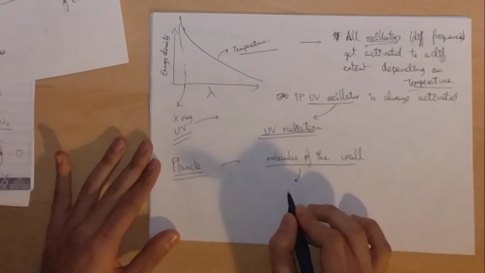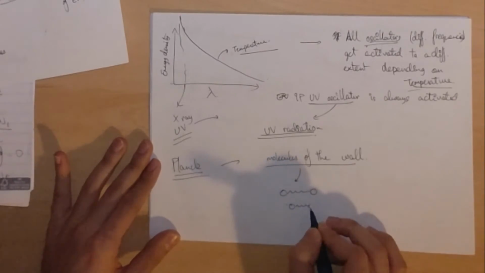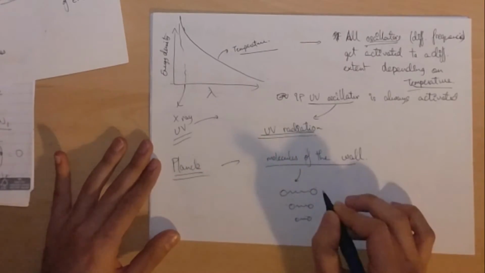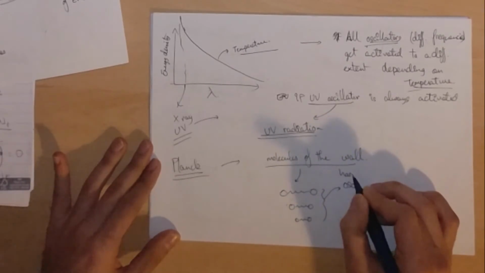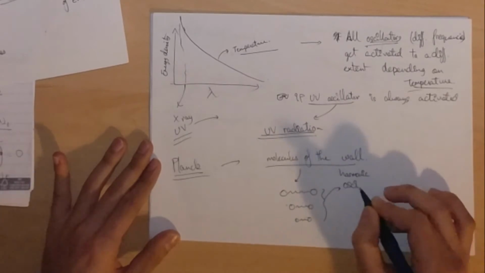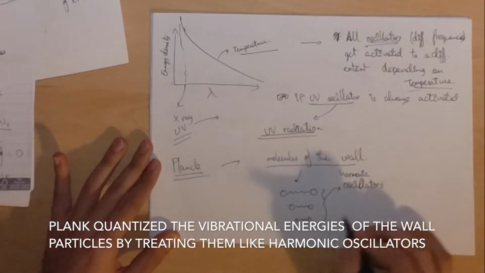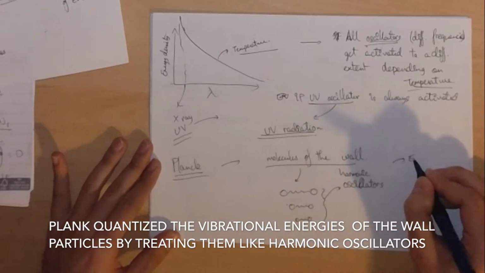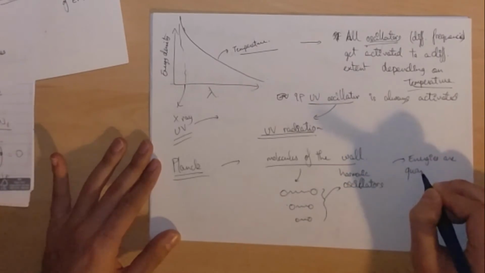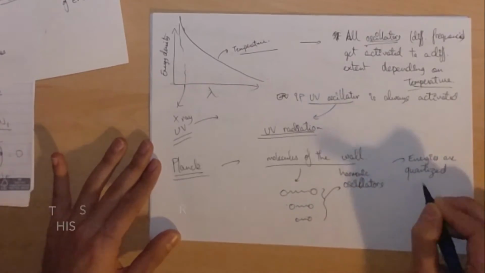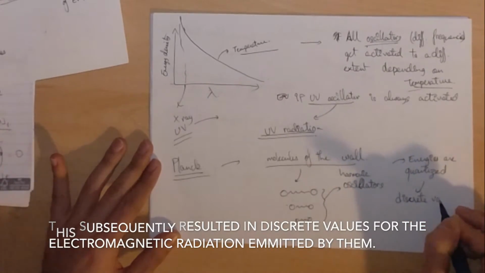So he said that these vibrations, and he called these again harmonic oscillators because they act like springs, he said that these vibrational energies are quantized, which means they have discrete values, which means they're not continuous.